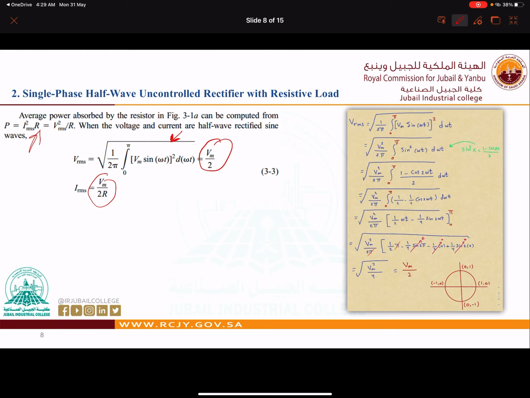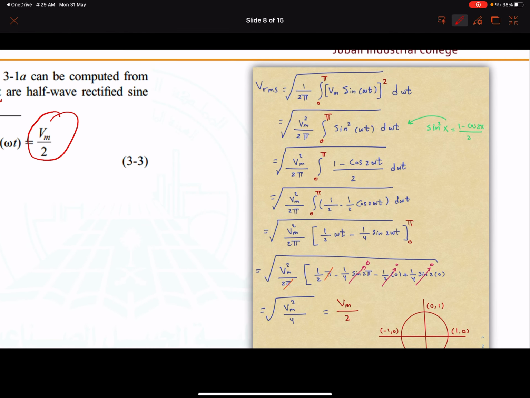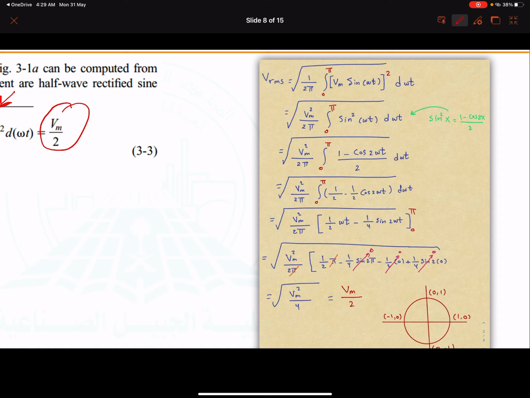Now I will explain to you the derivation of the VRMS, okay? Now this is our VRMS here, guys. So it is the square root of 1 over 2 pi, integration of V maximum sine omega t from 0 to pi, squared, d omega t.